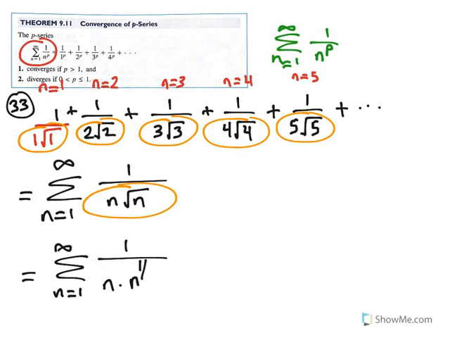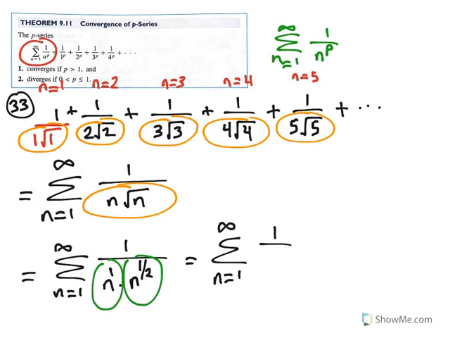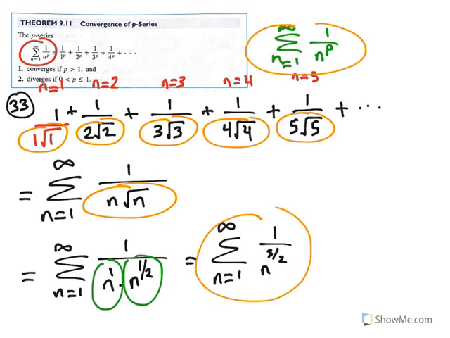You can write that as n to the 1/2. And here you have a product of two powers with the same base. And the base is n. So when you have a product of powers with the same base, you add the exponents, and this gives you n to the 1 plus 1/2 is 3/2. So now you can see that we do in fact have a P series, because we have a series that matches the form of a P series.